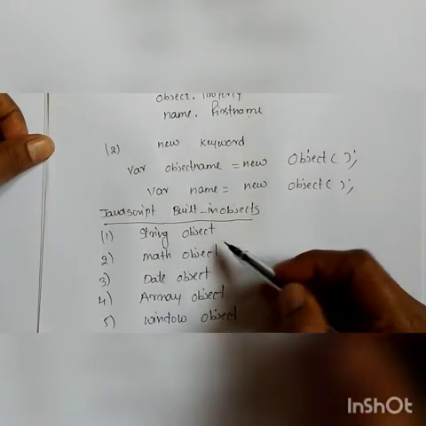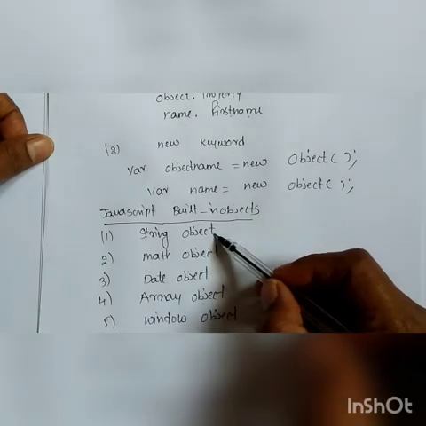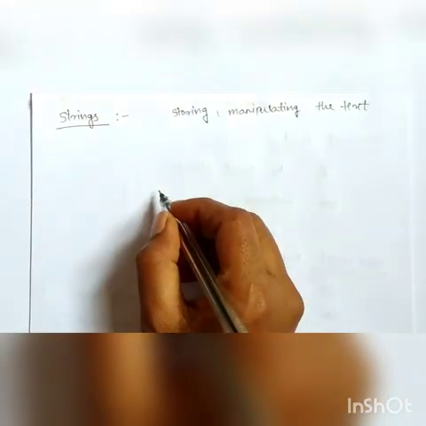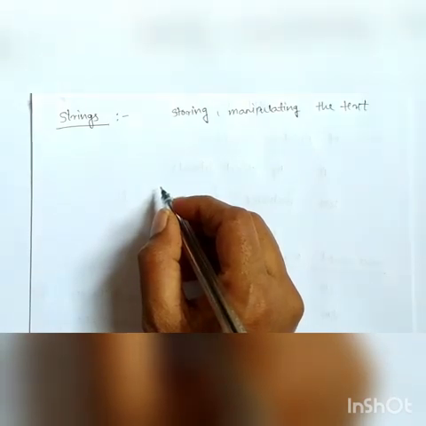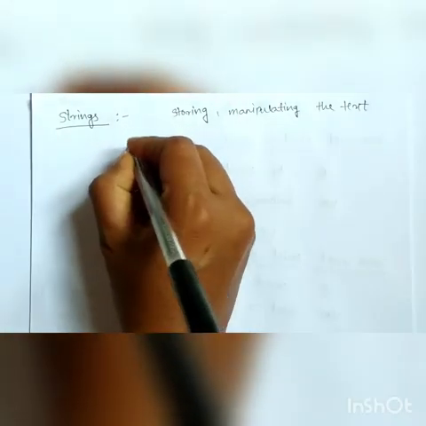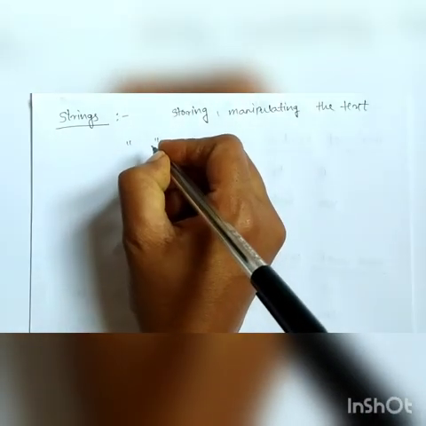Now we are going to discuss the string object. In JavaScript, a string is an object that represents a sequence of characters or a group of characters. Strings are enclosed with double quotation.